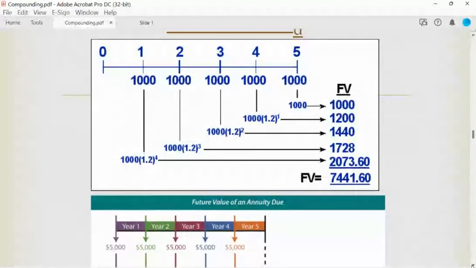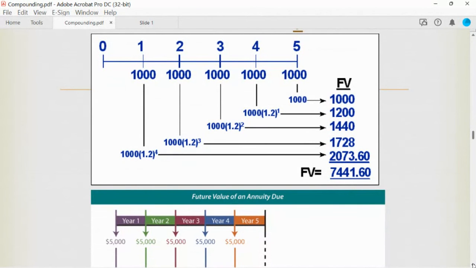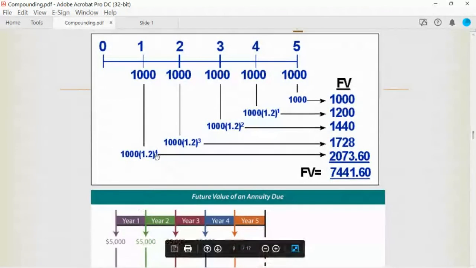Suppose you are making a $1,000 deposit at the end of every year for 5 years. Then what's going to be the future value of all these deposits? Now you get the idea.